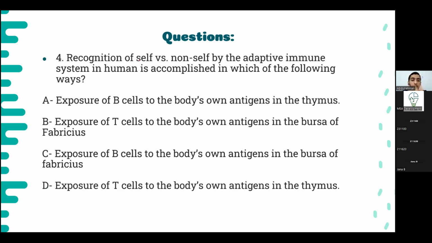Question 4. Recognition of self versus non-self by the adaptive immune system is accomplished in which of the following ways? Is it B cells or is it T cells? And is it occurring in the thymus or the bursa of Fabricius?